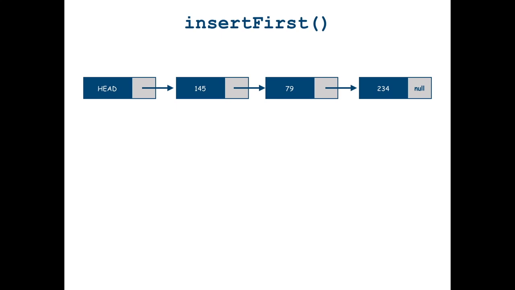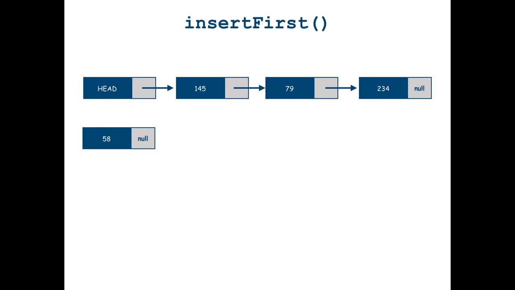Suppose I have a list with 3 values, okay? 145, 79, and 234. And of course, the head member points to 145 because 145 is the front of the list. Alright, and now I want to insert 58 at the front of this list. Well, the first thing I have to do is create a new link object with 58 stored inside of it. Right.